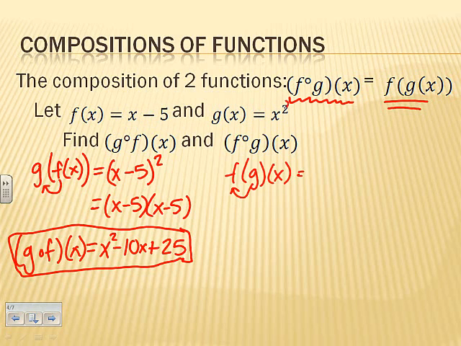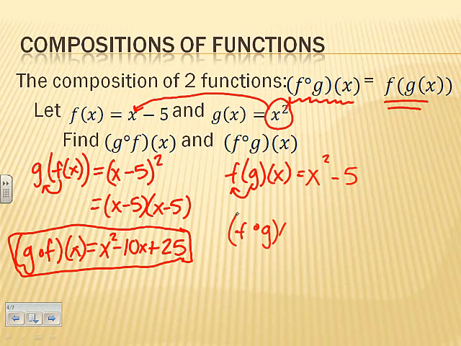So I'm taking this and plugging it in for x over here. So it becomes x squared minus 5. Now there's nothing there for me to do, so the final answer of f of g of x is x squared minus 5.